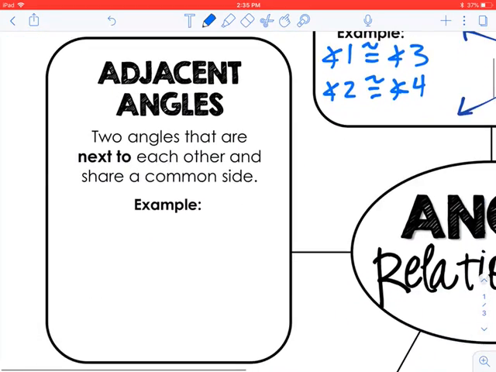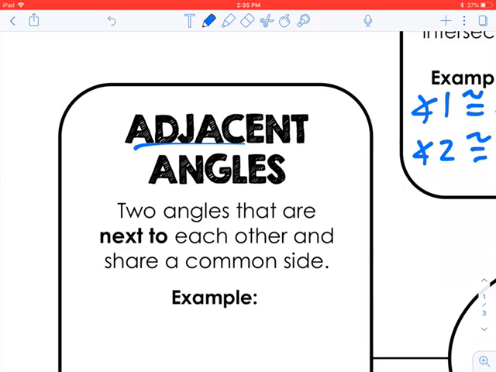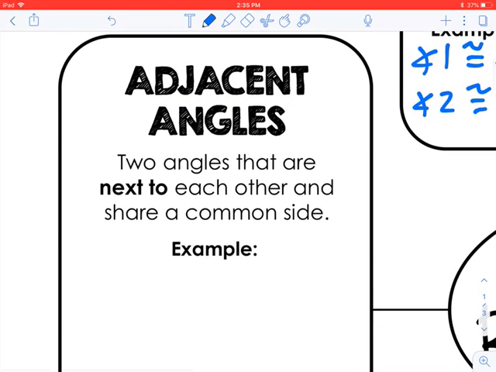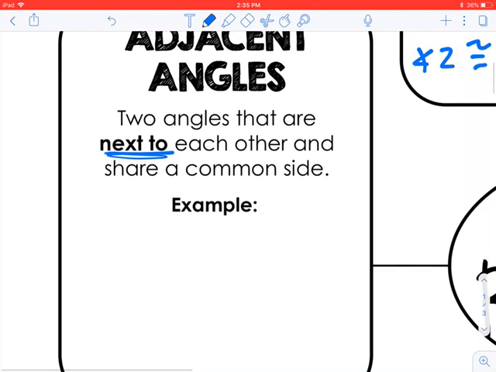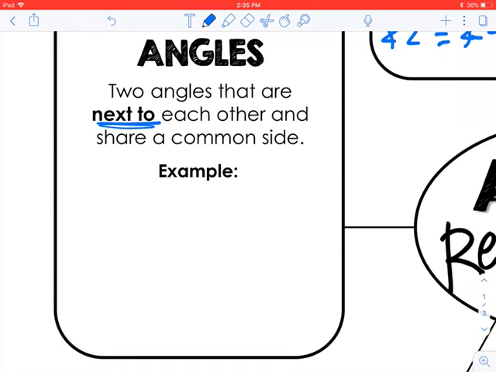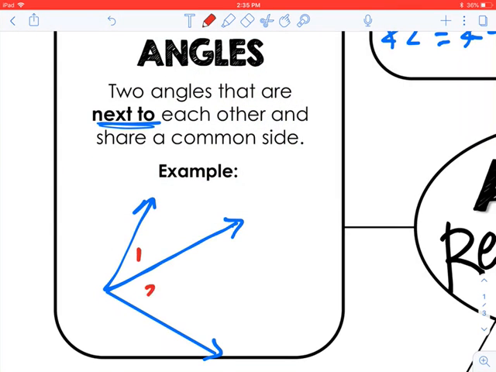Now let's look at adjacent angles. The word adjacent means next to. Okay? So two angles that are next to each other and share a common side. Okay, so let's say I have an angle here and I have an angle here. So these are angle 1 and angle 2.